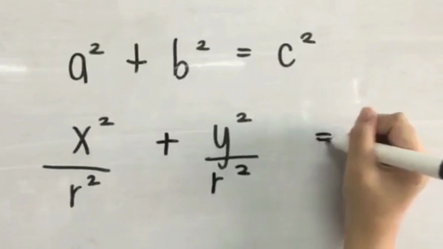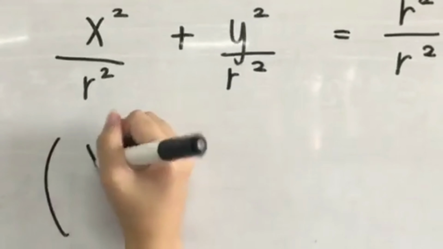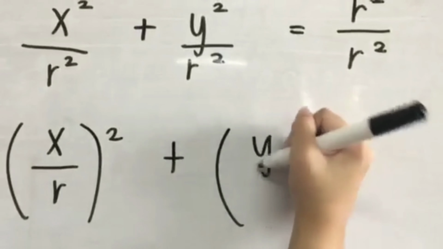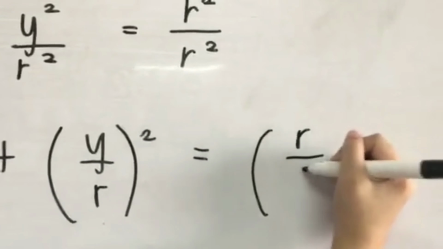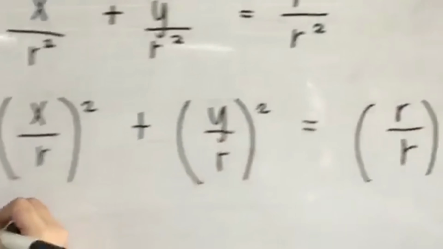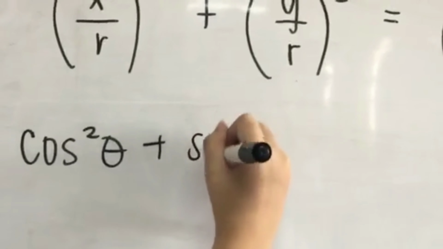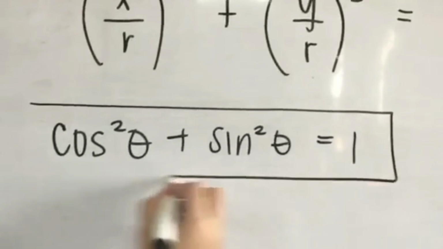This gives us x squared over r squared plus y squared over r squared equals r squared over r squared, which is the equation we'll be using to get the first Pythagorean identity, and in result, we will be having this equation. Lastly, this leads us to cosine squared theta plus sine squared theta is equal to 1.